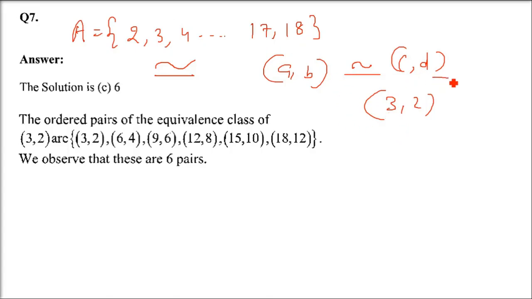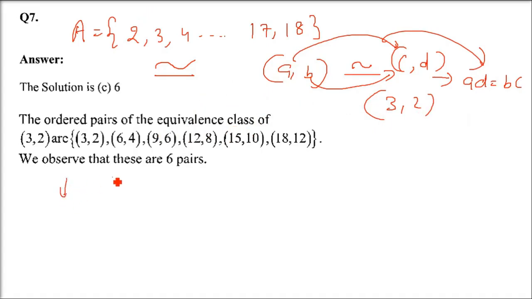Let me just write the condition of equivalency. ad, that is the multiplication of the extremes, equals the multiplication of the internals. Let us see the answer here. How to get this? The trick here is just multiply, because if you actually do the way I told you, you have to write from 2 to 18, then another 2 to 18, and find all the combinations.